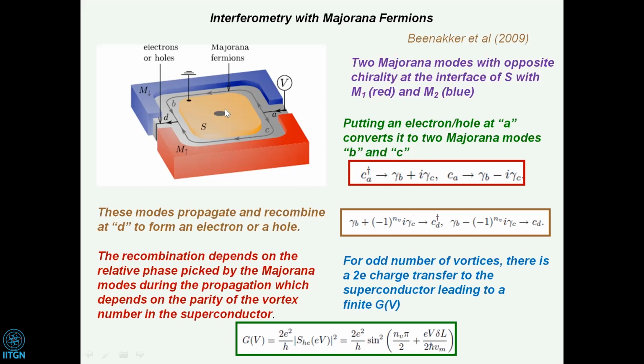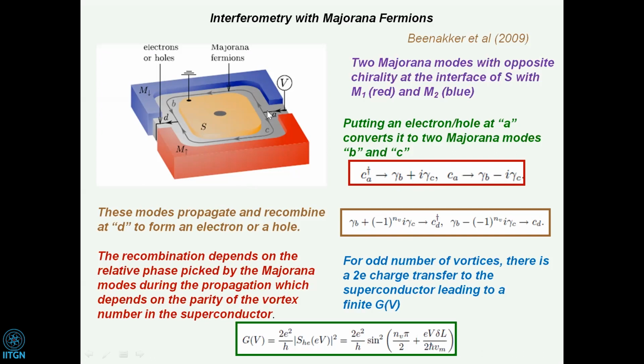However, if there is a vortex in this superconductor, this entire thing corresponds to picking up a 2 pi phase, because it's analogous to fermions circling a vortex, and they always pick up a 2 pi phase. Okay. So if there is a single vortex and you started with gamma B plus i gamma C, you are going to pick up gamma B minus i gamma C.